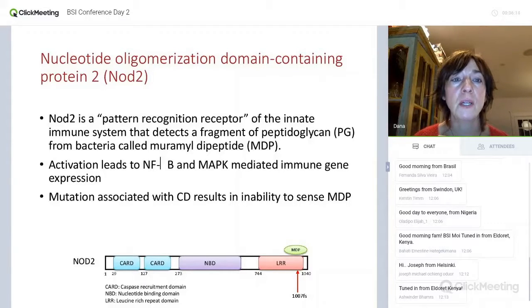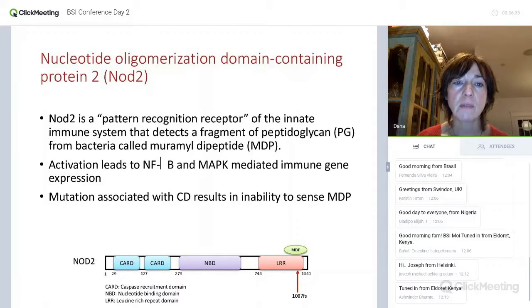So Nod2 is a pattern recognition receptor of the innate immune system. So it's able to detect fragments of bacteria, and in this case, for this particular pattern recognition receptor, that's peptidoglycan, which is part of the cell wall of all bacteria. And specifically, it recognizes a fragment of peptidoglycan from bacteria called muramyl dipeptide, or MDP.